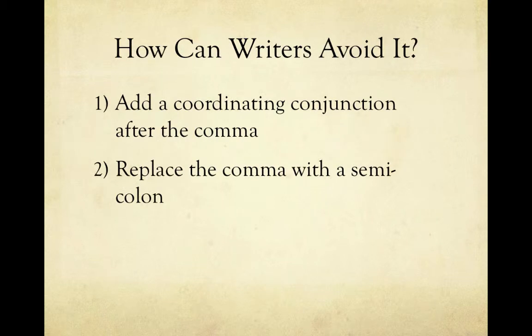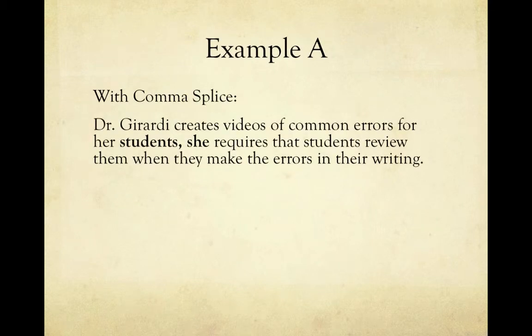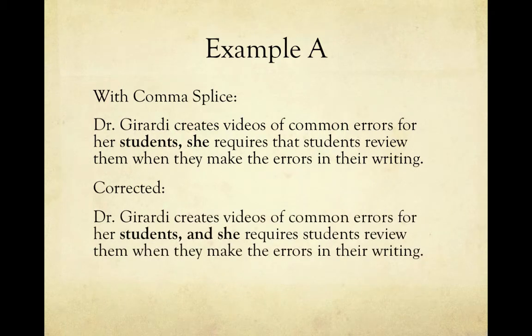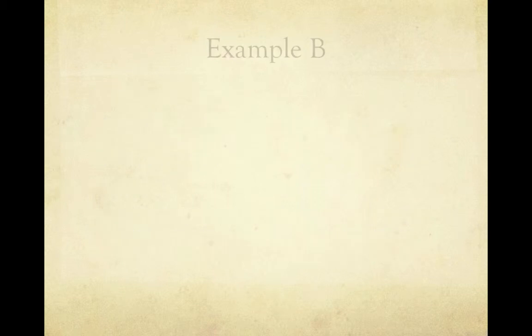So, how can writers avoid the dreaded comma splice? Well, first, you can add a coordinating conjunction after the comma. Or second, you can replace the comma with a semicolon. Two very easy ways to correct this issue. So, again, example A, with the comma splice, you correct it by adding a coordinating conjunction following the comma. In this case, the coordinating conjunction is and.